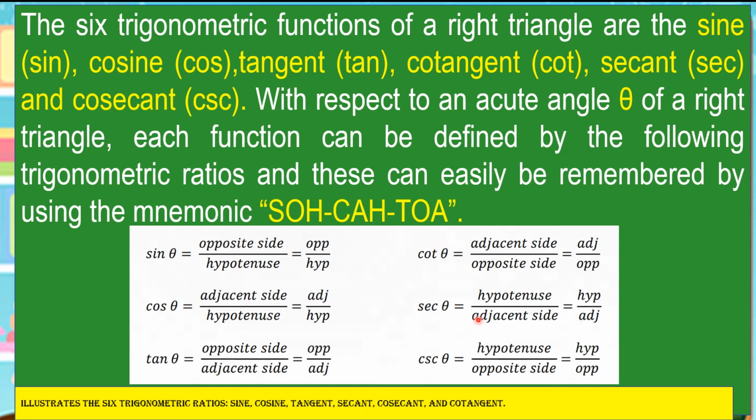And the other functions: cotangent is adjacent over opposite, secant theta is hypotenuse over adjacent side, cosecant theta is hypotenuse over opposite side.